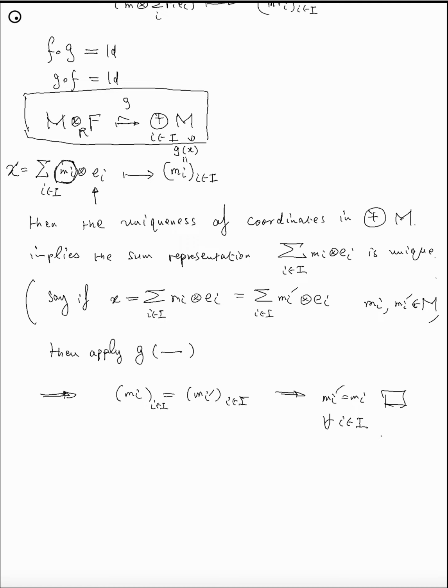I just collect them, and the uniqueness is telling us that in this way, this is really like free. I'm not saying this is a free R-module, but the freeness of F over R translates back to the freeness on each component.